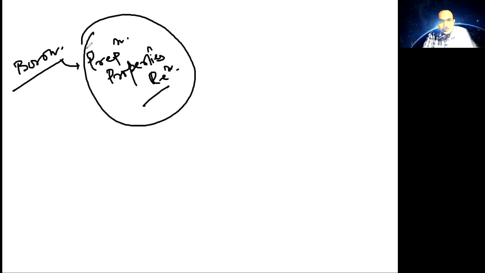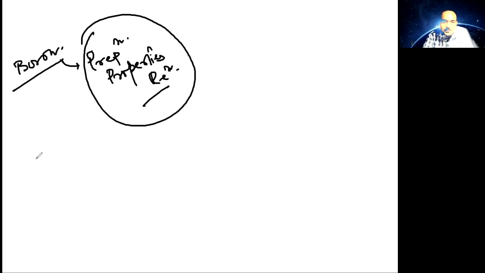First, boron: we have to find out its preparation, properties, and reactions. Most of the reactions we have found in the physical and chemical properties.